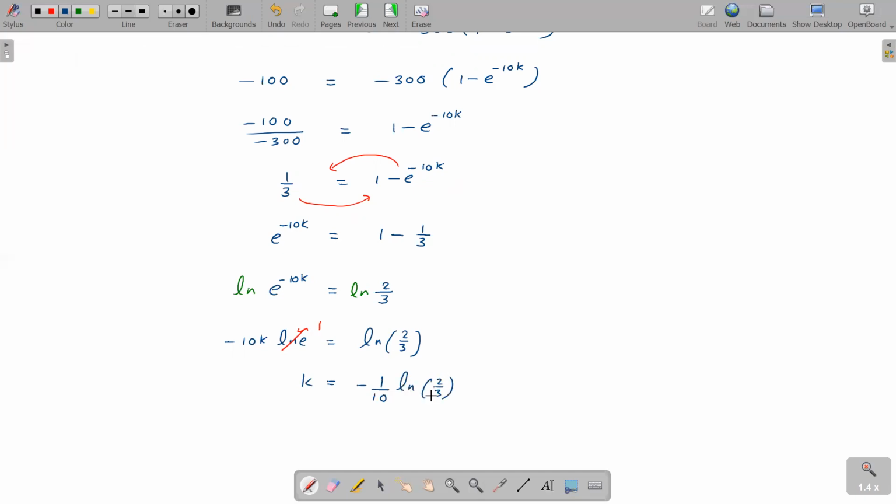Any equivalent answer to this is perfectly fine. Some of you might get equivalent answers like 1 over 10 ln 3 over 2, because the minus 1 has gone inside as a power and 2 over 3 to the power minus 1 is 3 over 2. Those equivalent answers are also correct.